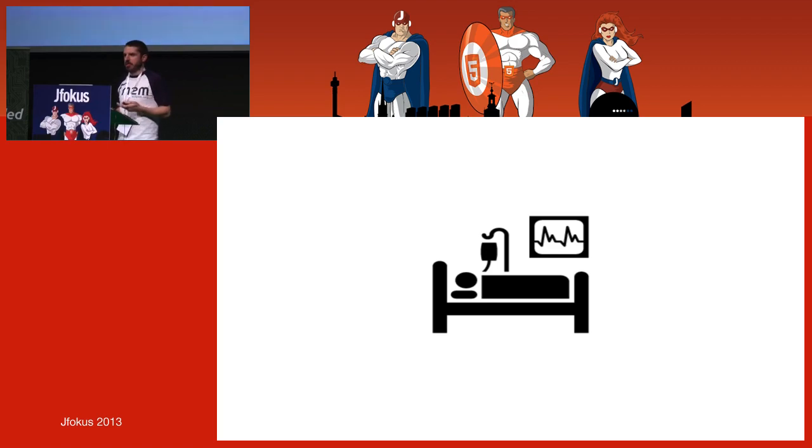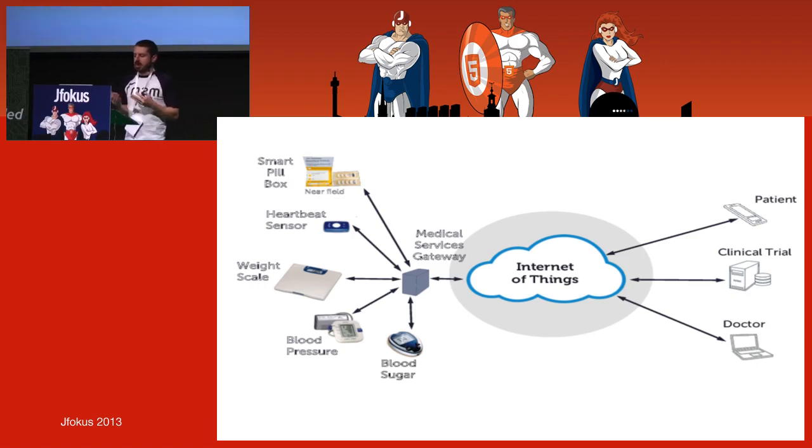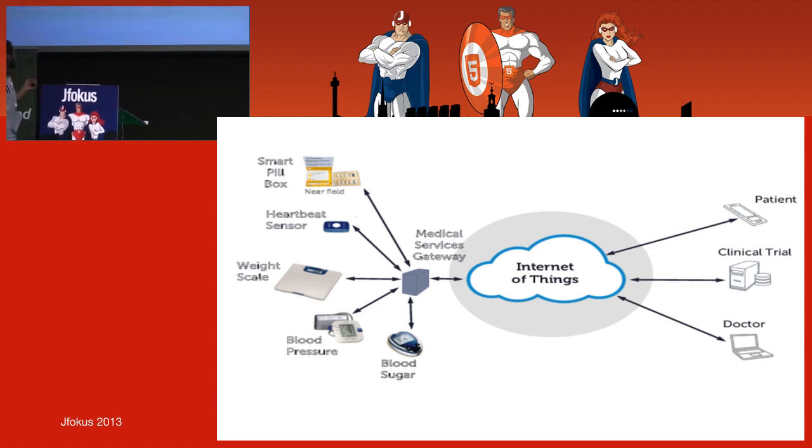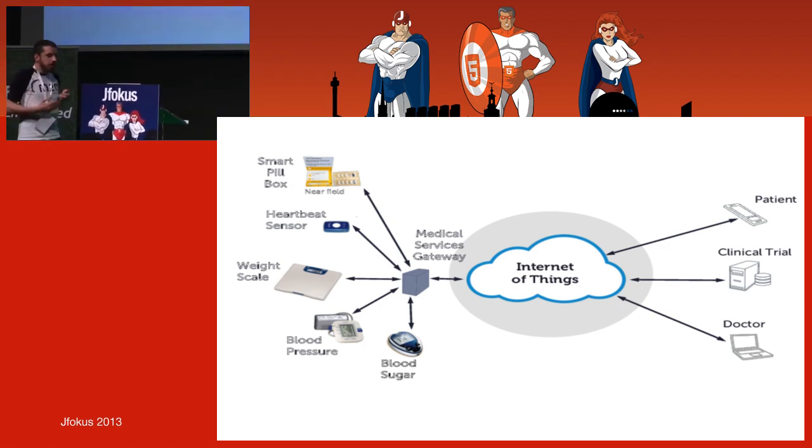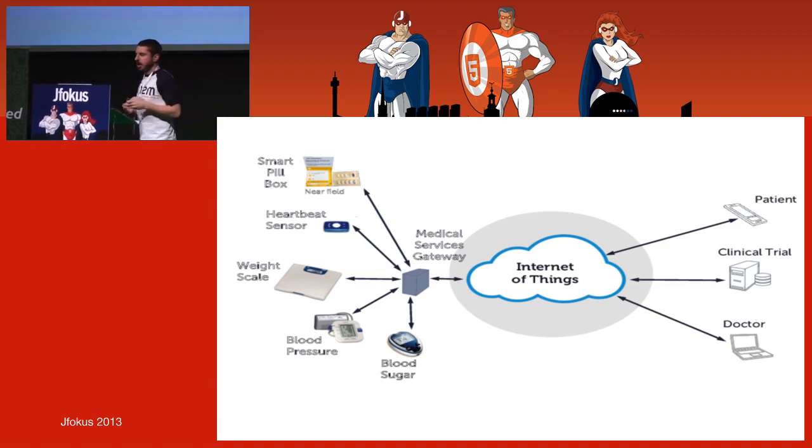And speaking of a medical use case, the typical architecture would be something like this, where you have some devices that are your medical devices, like a smart pill box or a blood pressure sensor, and they are communicating with the internet using a gateway.